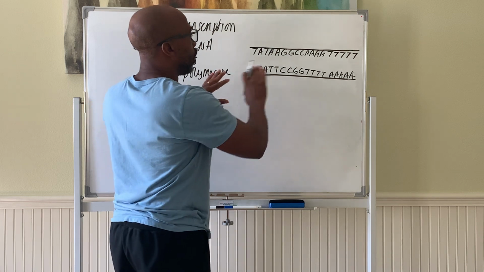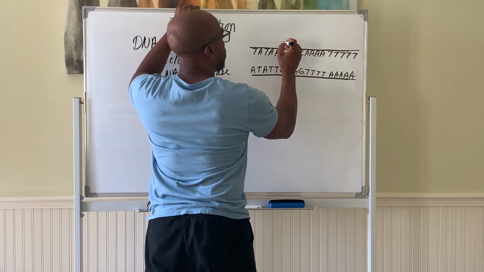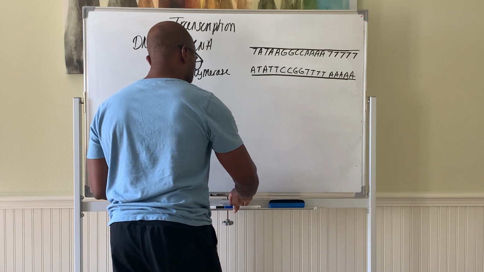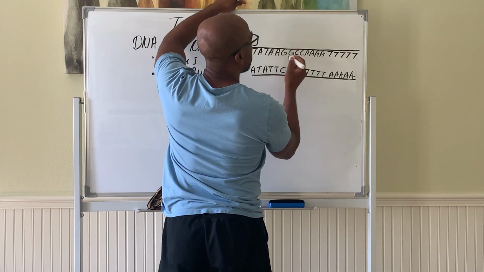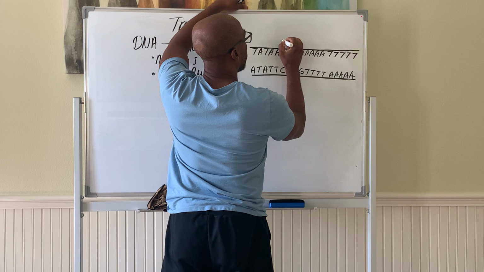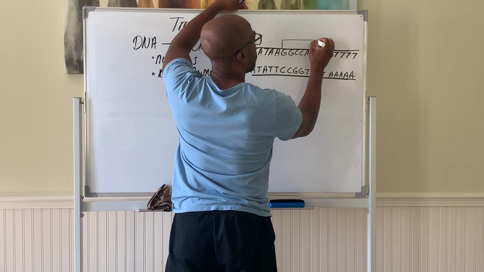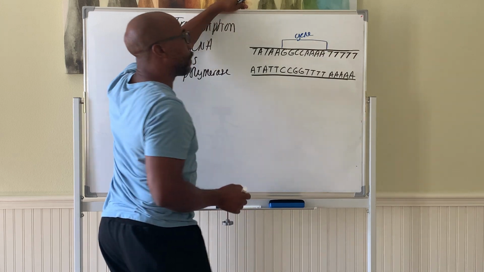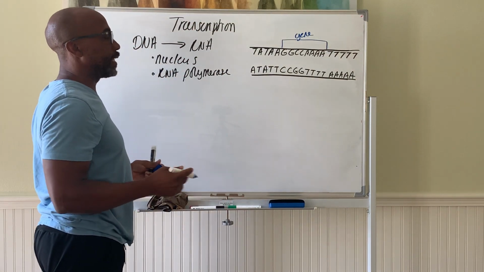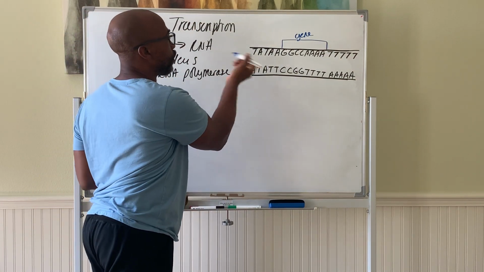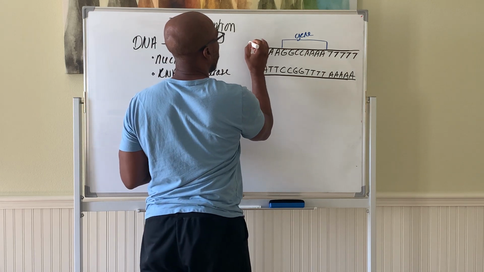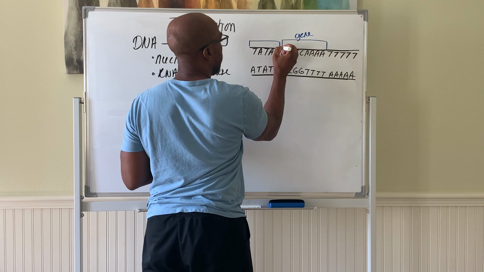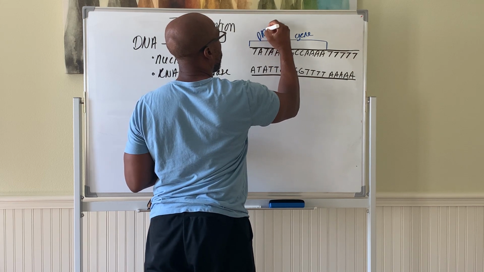Now, on this DNA, we'll call this part here the gene of interest to us. That's the gene that we want to copy into RNA. In the DNA, upstream from the gene, you'll have a sequence of nucleotides that we call the promoter.